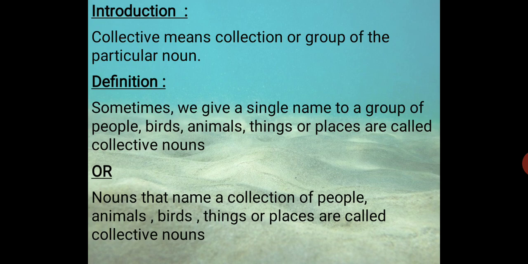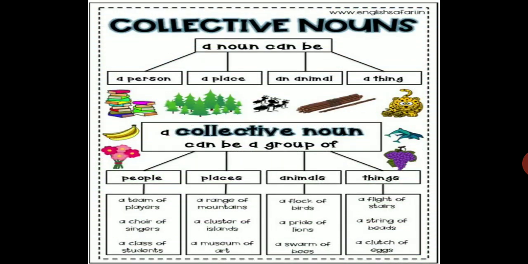Let's see the definition with this chart. Collective nouns can be a person, a place, an animal, and a thing. They can be a group of people, places, animals, and things. How can we call them?